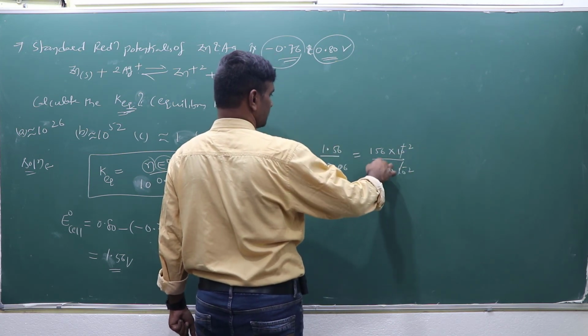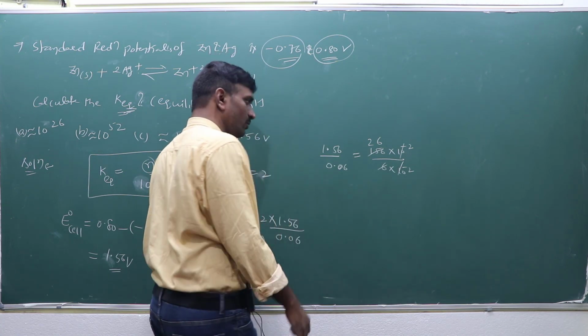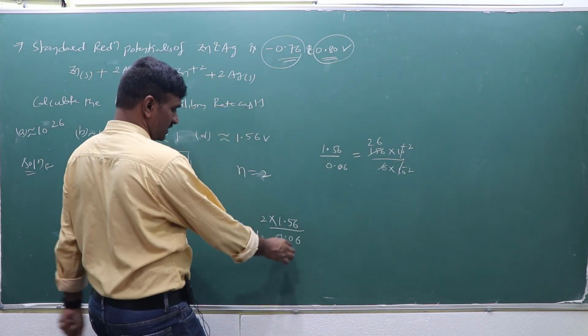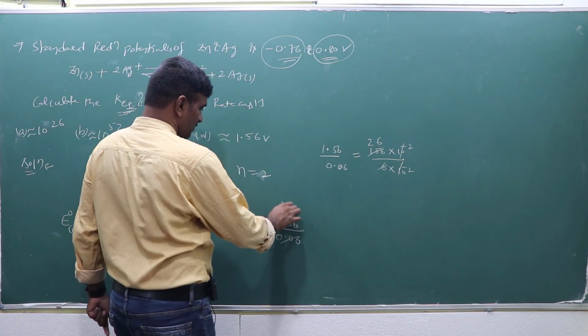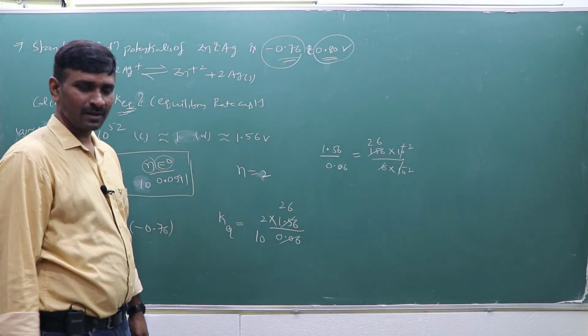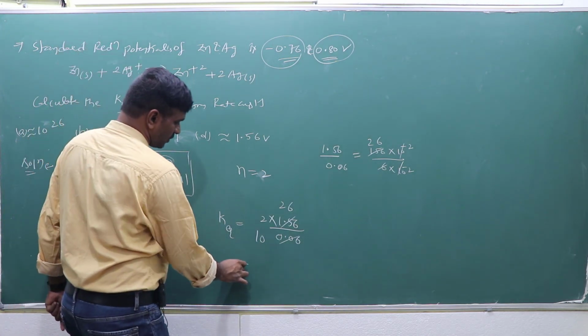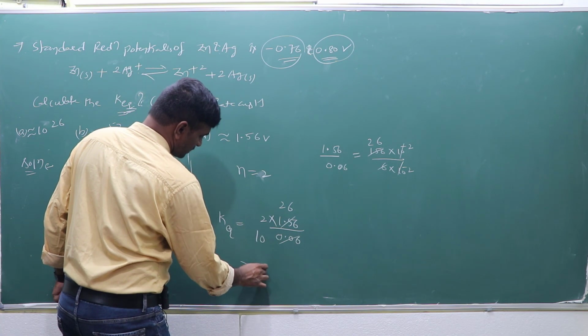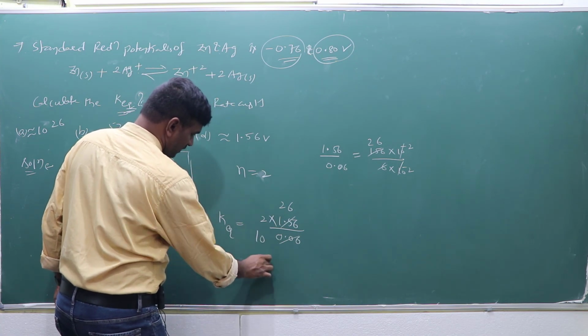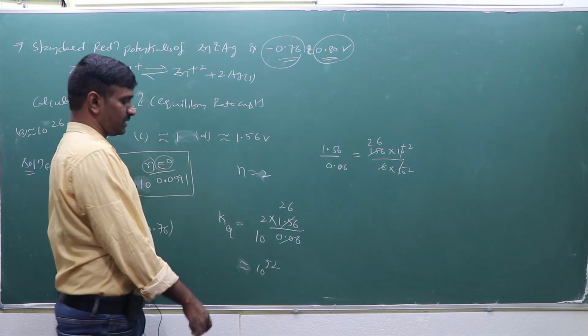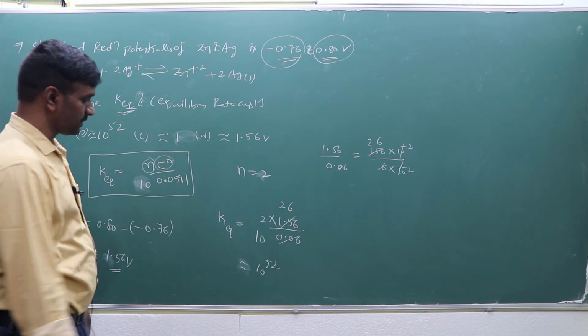If this cancellation takes place, nearly 26 times it may take place. Right? So 2 into 26 is how much? Approximately 52.